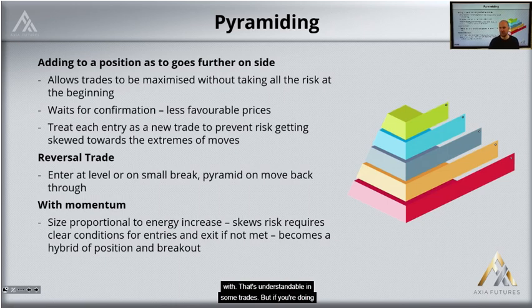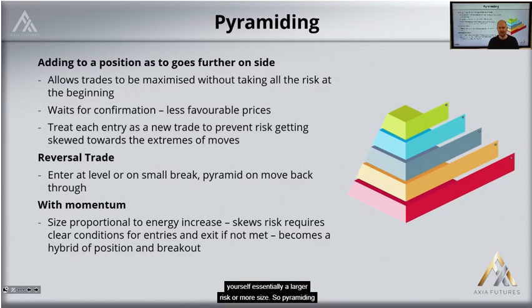That's understandable in some trades. But if you're doing that purely to circumvent taking risk all at once, what you're actually doing is increasing your risk, because by adding on later, you're shifting your average price and giving yourself essentially a larger risk on more size.